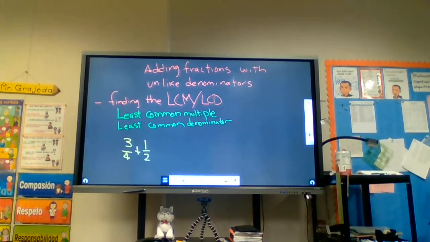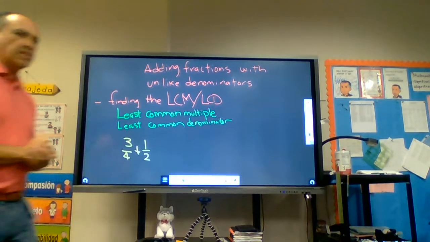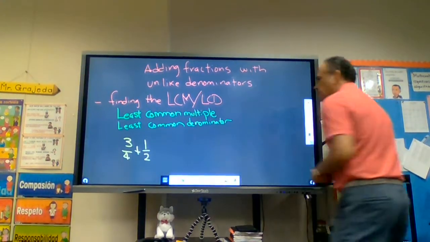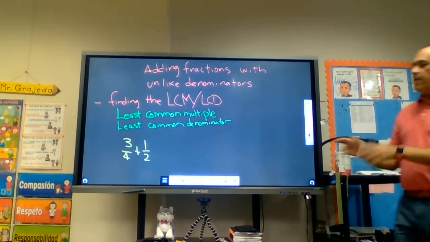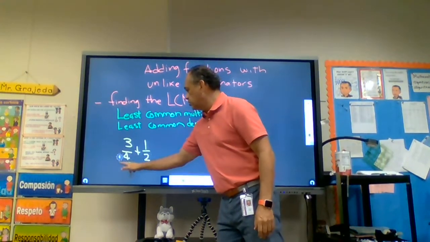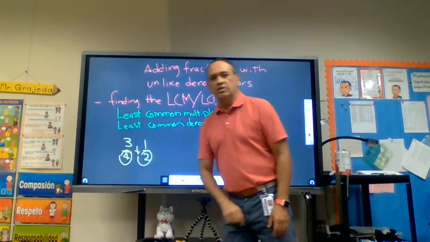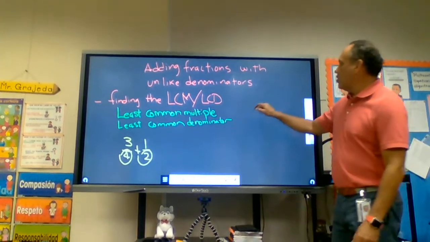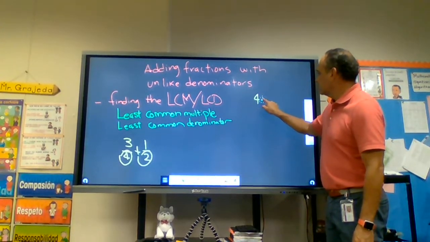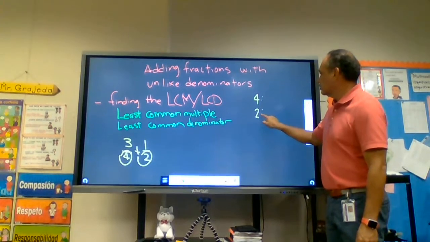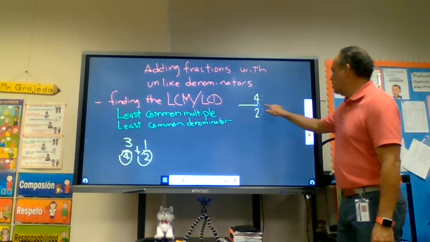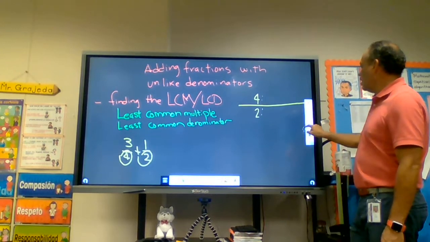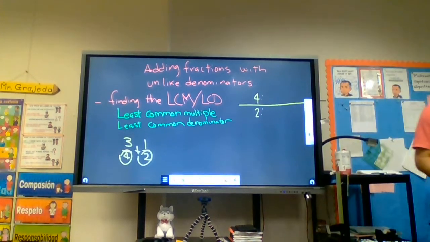What we're trying to do is find fractions that have the same denominator. It's something very easy. So what I'm going to do is take my denominators, 4 and 2, and write them over here. If you would like to, you can put a line in between. Only if you like.